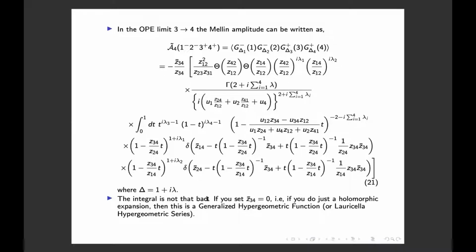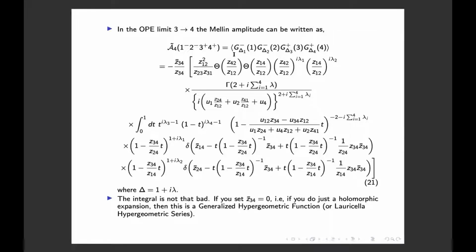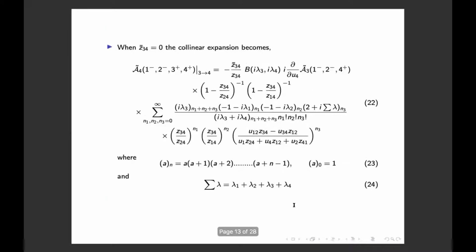What I mean is that you set z bar 34 equal to 0 in the expression which multiplies this z bar 34 by z34, and then you can just keep terms in z34 and u34, and then this integral is just a generalized hypergeometric function, and it can be expanded in this way.